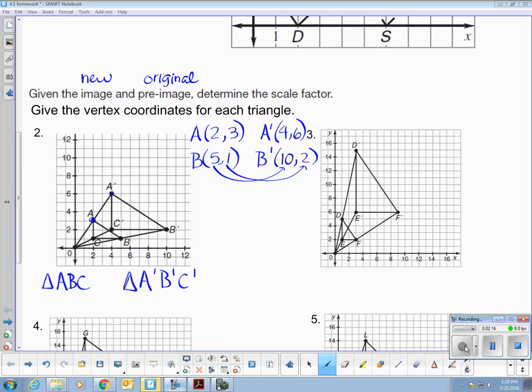So continuing that pattern, since each x value and each y value was multiplied by 2, my scale factor is 2, or we can say 2 to 1. What that means is my image is twice as big as my pre-image.